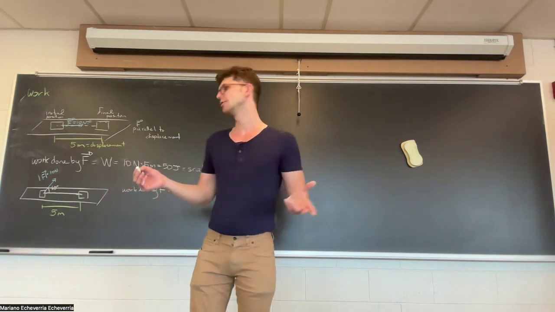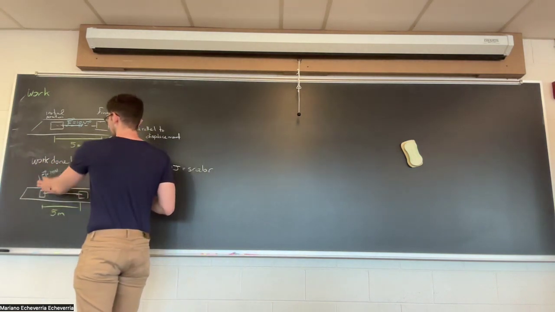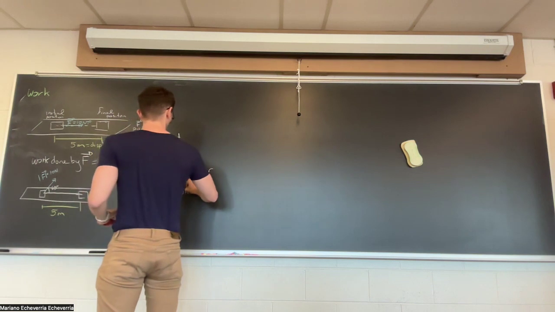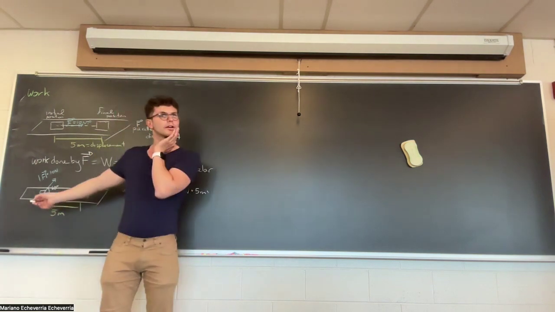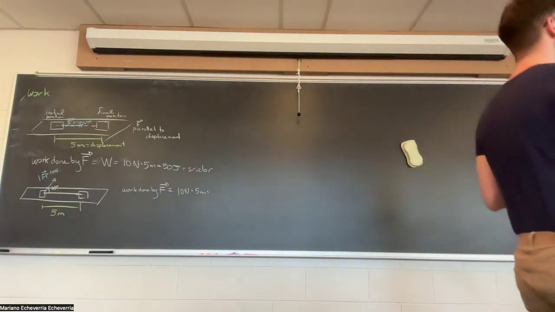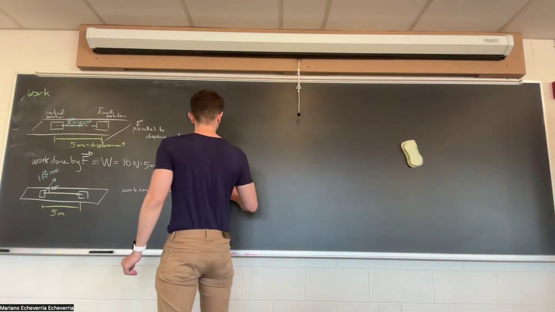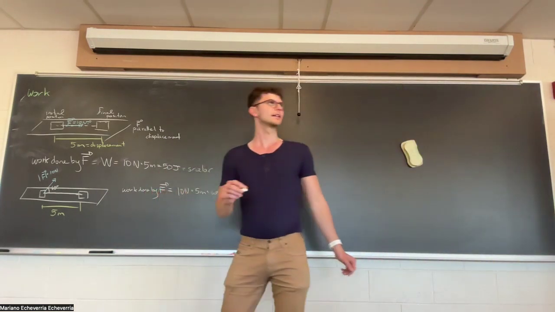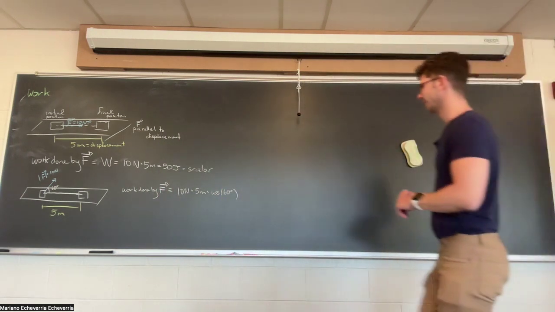So you multiply the magnitudes of the vectors, 10 times 5, but you also multiply by the cosine of the angle between them. The angle between these two vectors is 60 degrees, so you multiply by the cosine of 60 degrees, which is 1/2. That gives you 25.